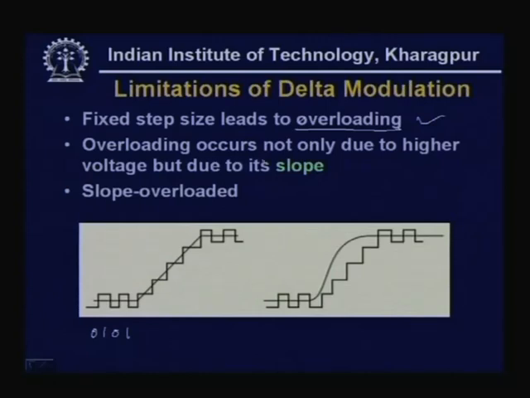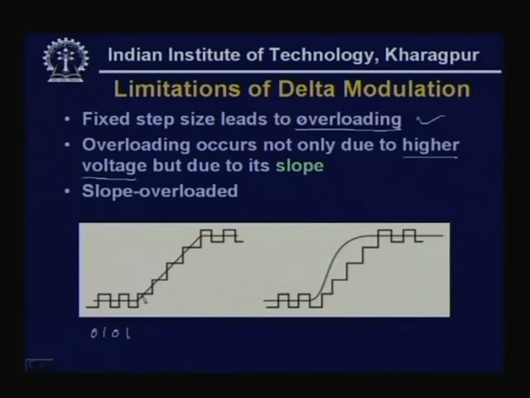And overloading occurs not only due to higher voltage, but also due to slope. Whenever it exceeds the limit, it is overloading. Moreover, error arises whenever the slope is fast, and then we call it slope overloading, as you can see in this diagram.